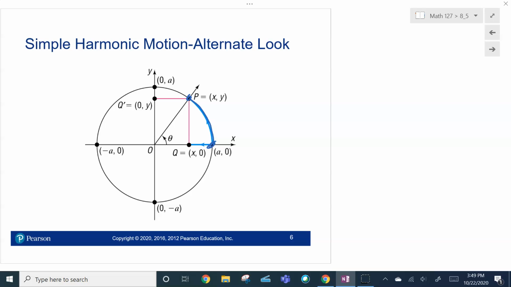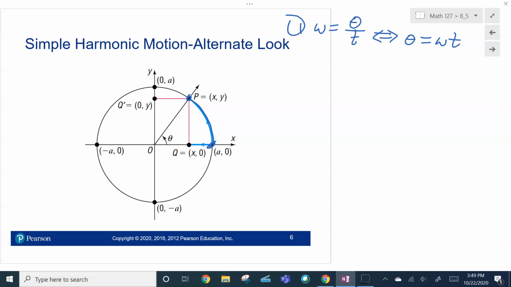So if we do this at a constant angular speed, we know angular speed, omega, is theta over time. In other words, if I was to solve for theta, theta equals omega t. We're going to use that here in a second. Okay, so this thing's moving at a constant angular speed.